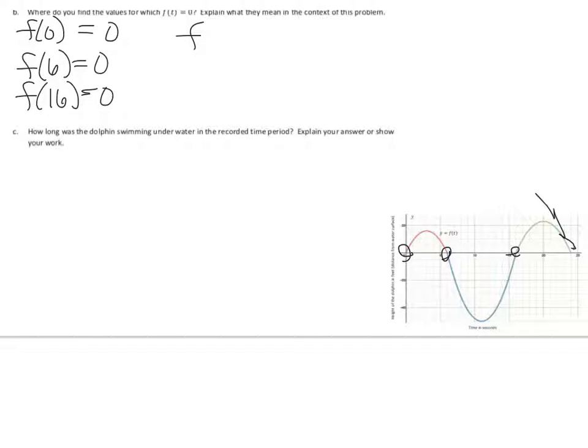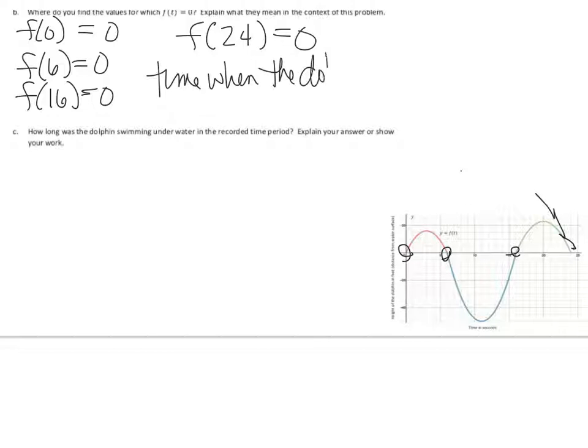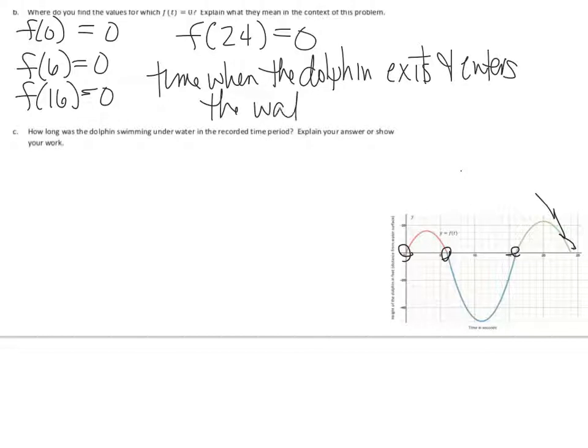Sorry, that's where my sort of toolbar is for my stylus. That is f of 24 equals 0. This is the time when the dolphin exits and enters the water. So it's at the water surface.